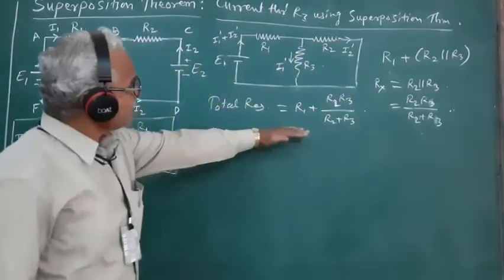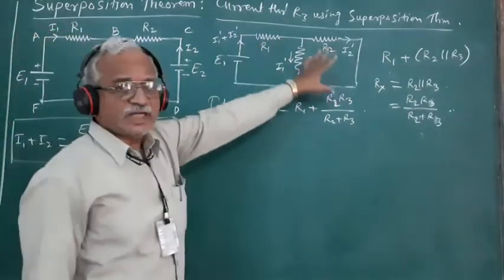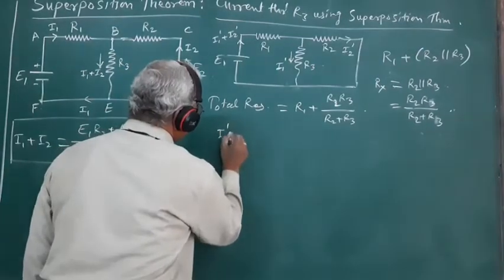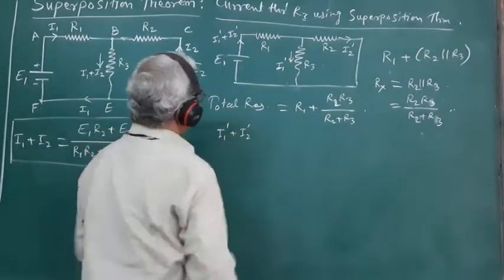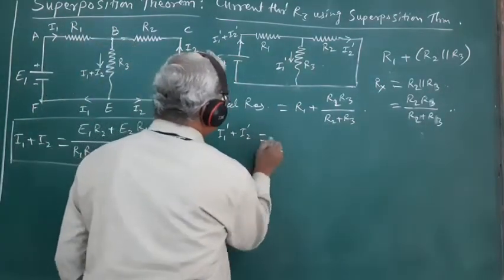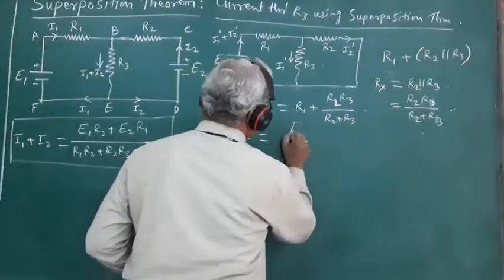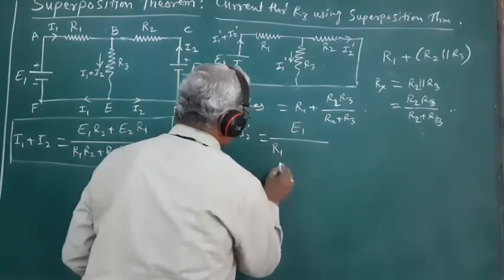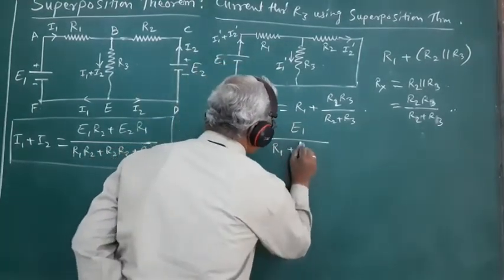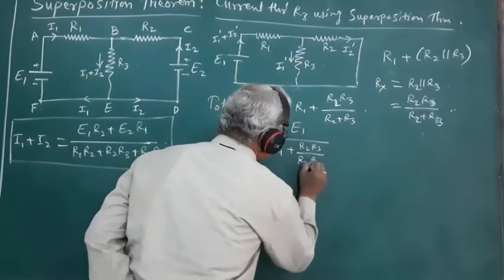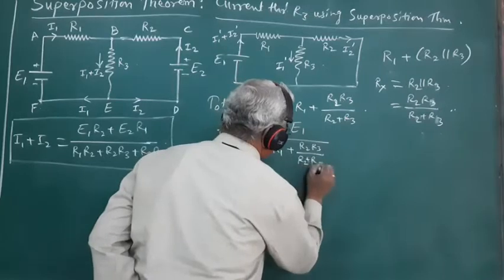So if this is the total resistance of this network, then the current I1 prime plus I2 prime sent by the source E1 will be equal to the EMF of the source E1 divided by the total resistance of the circuit. It is R1 plus R2 R3 upon R2 plus R3.